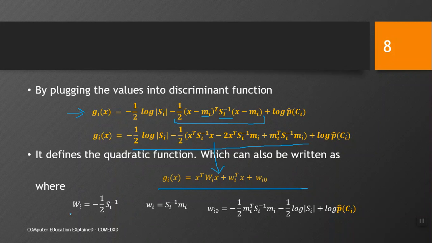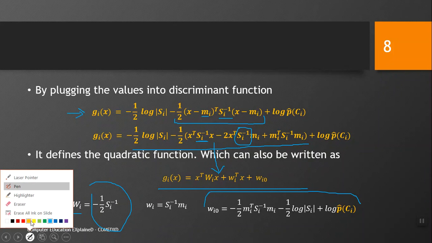For example, W_i is equal to -1/2 S_i inverse. So where this expression is written, we can write W_i, and again here we can write W_i, and similarly we produce the other terms, whereas w_i0 is assumed like this. So it's an easy expression to work with.